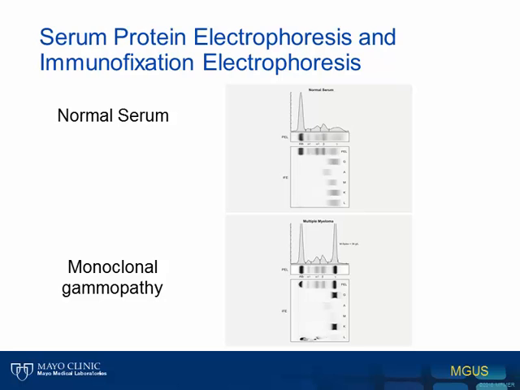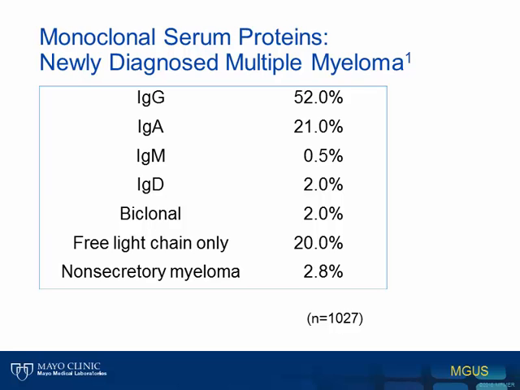When we identify a monoclonal IgG or IgA of at least 3 grams per deciliter, it is consistent with multiple myeloma. But not all myelomas present this way. This slide shows the distribution of monoclonal proteins in newly diagnosed multiple myeloma, and at least 25% of these myelomas will have small or no M spikes.